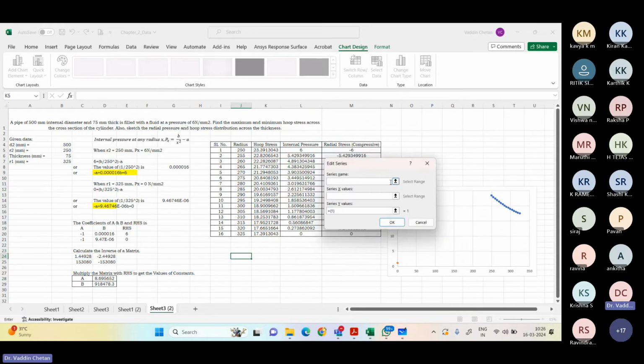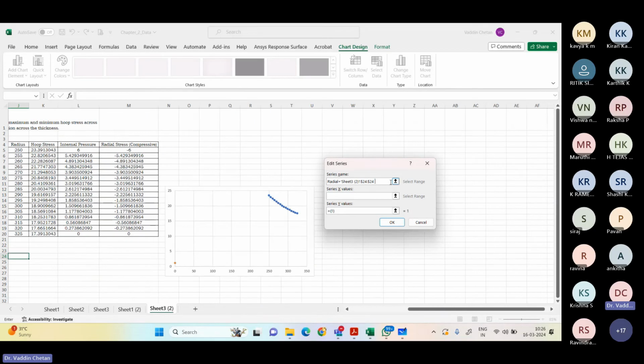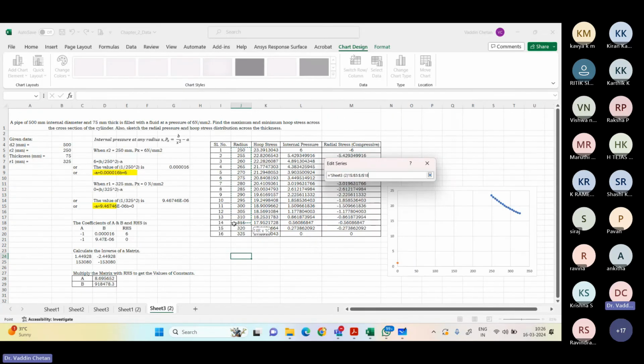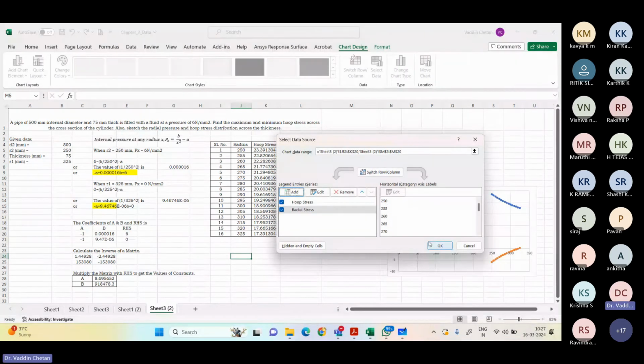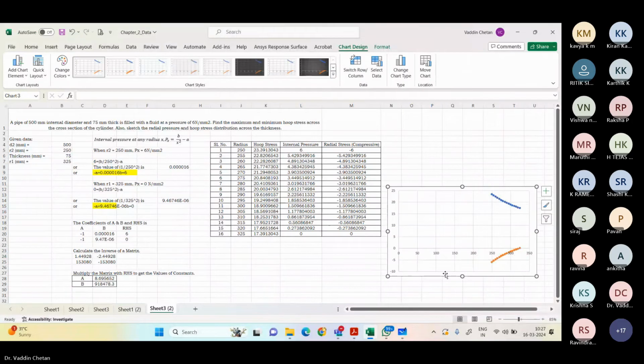Again, I will write radial stress as the second one. My x values will be in the same range, and my y values will be this. Click on OK, click on OK.